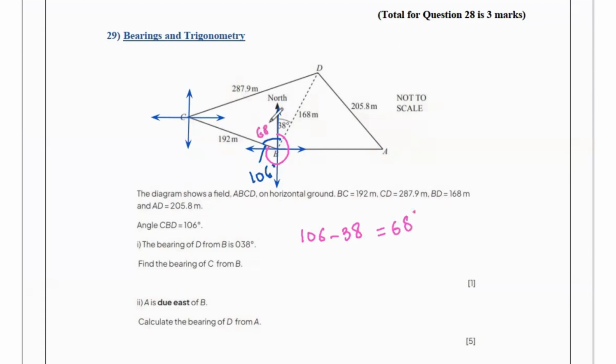And then for the bearing, we will do 360 minus 68, which is equal to 292 degrees. That is the bearing of C from B. Remember, the bearing is always written as a 3-digit number, never a 2 or a 1-digit. And you always measure the bearing in clockwise direction from the north of the point the bearing is from.